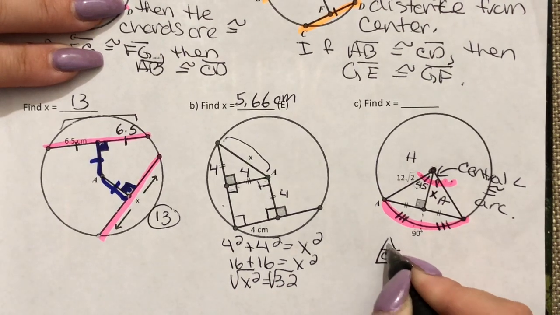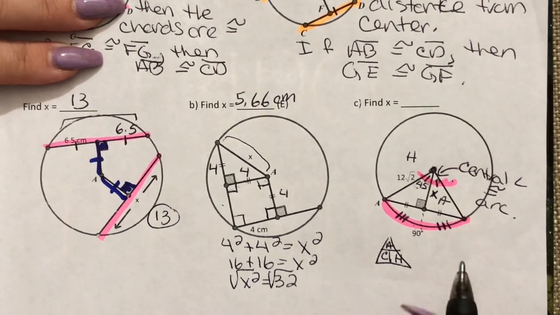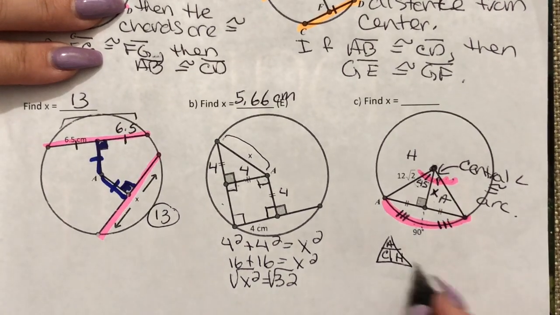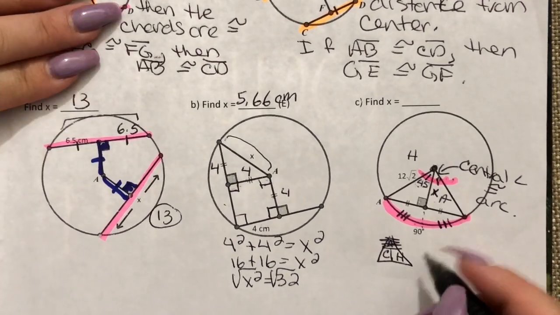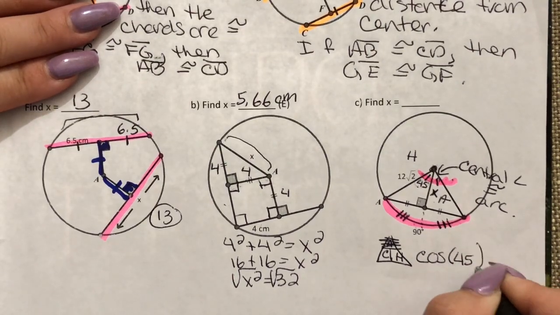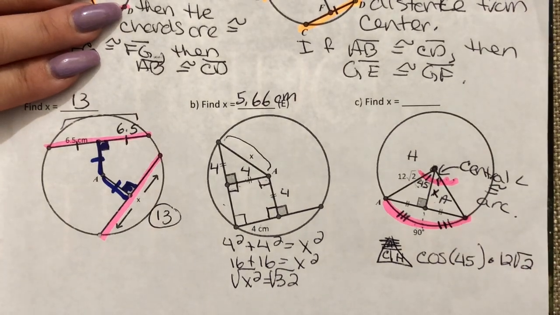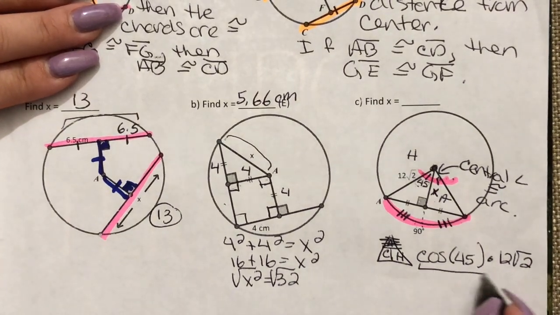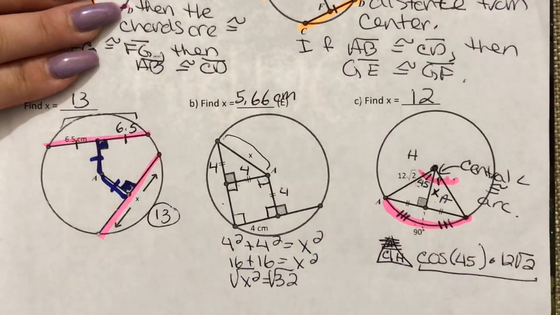And cosine is the adjacent side over the hypotenuse. And since the adjacent side is the one that I'm looking for, I'm going to ignore that one, which means I'm left with multiplication. So I have cosine of 45 degrees times my hypotenuse, which is 12 square root of 2. When you put this all in the calculator, you're actually going to get just 12.